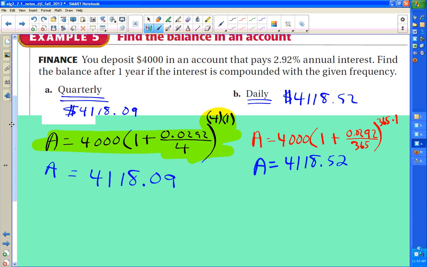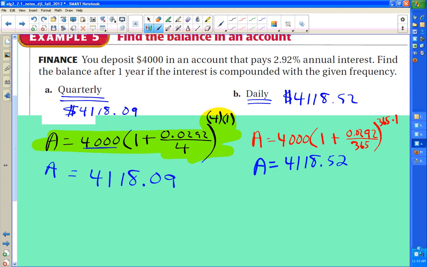So if you take $4,000, that's your starting amount right here, times 1 plus R, your 2.92% annual interest, which is about triple probably what you're getting at a bank right now in your savings account. As a decimal, 0.0292.